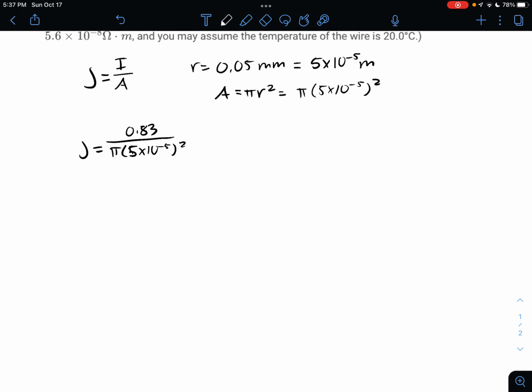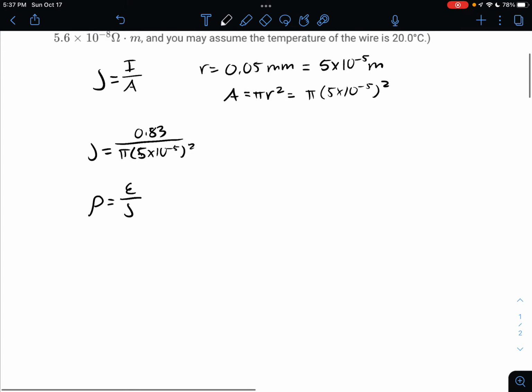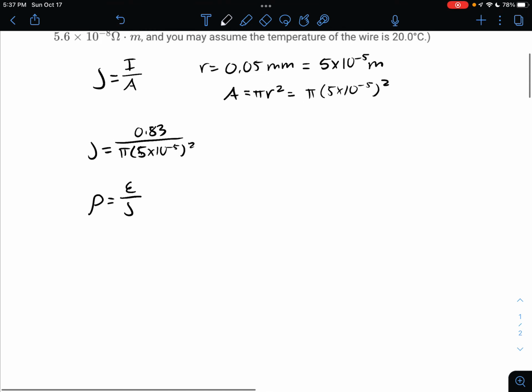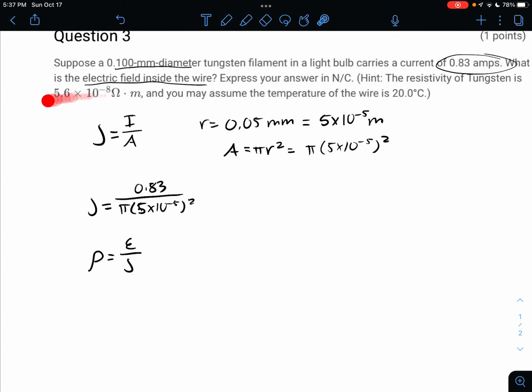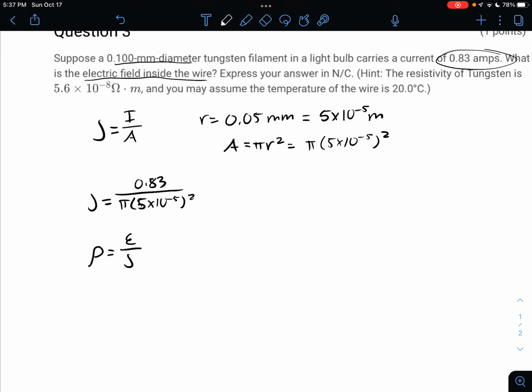And we also have the definition of the resistivity for any given material. That's just the electric field divided by our current density. So using this, we can plug in our current density, and we're given the resistivity of tungsten. We plug that in here, and we can solve for our electric field.